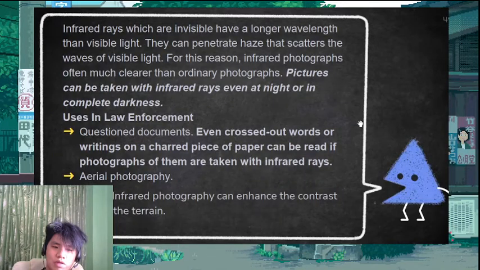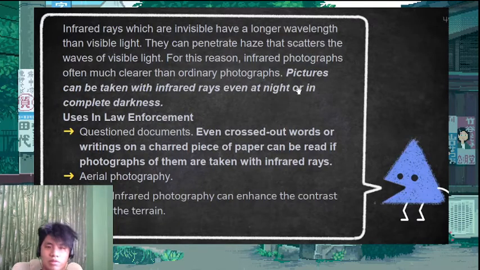So, especially sa questioned document. So, sabi dito, pictures can be taken with infrared rays even at night or in complete darkness. So, yung maganda sa infrared is that you can actually picture a scene at night even without parang light. Nakikita kasi ng infrared.